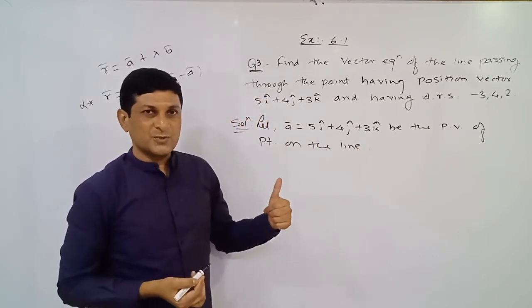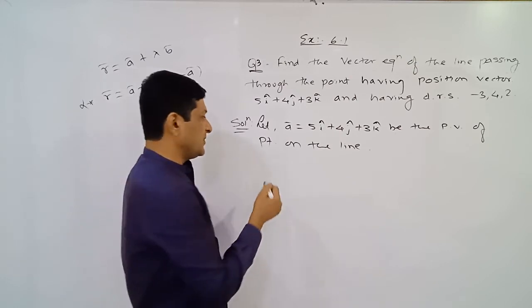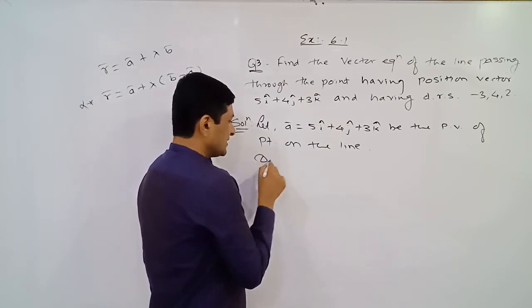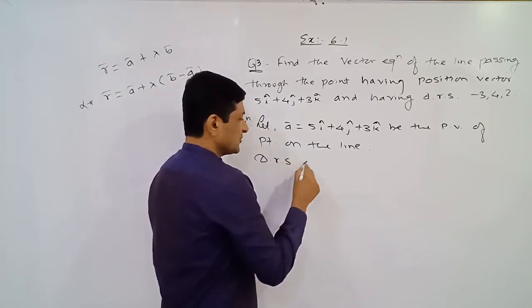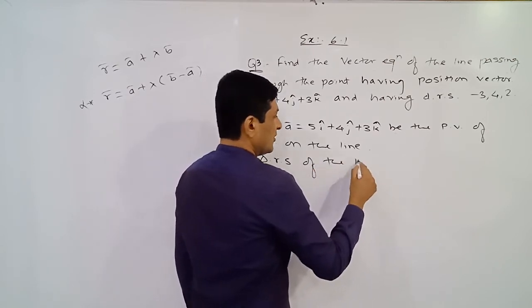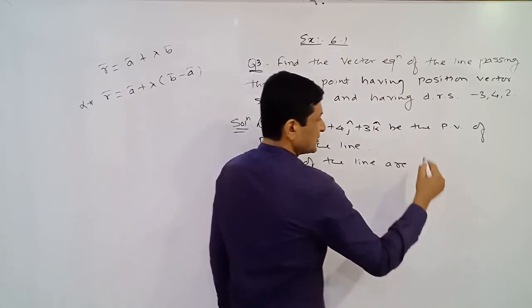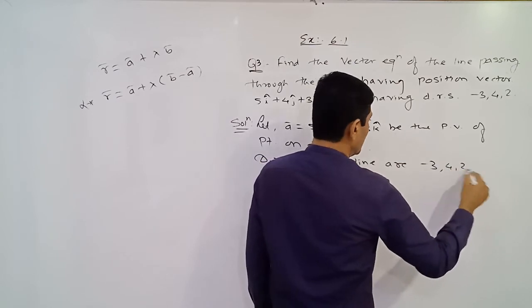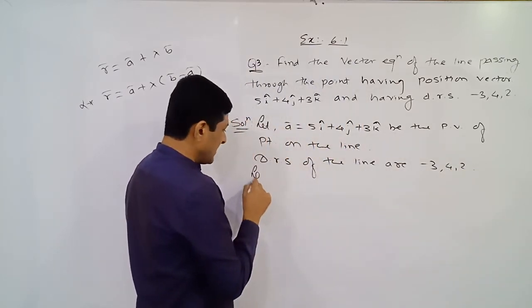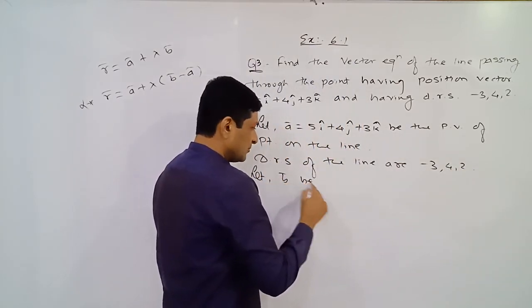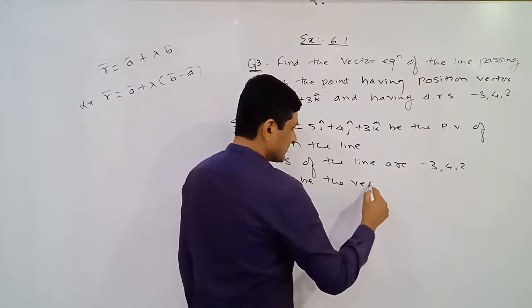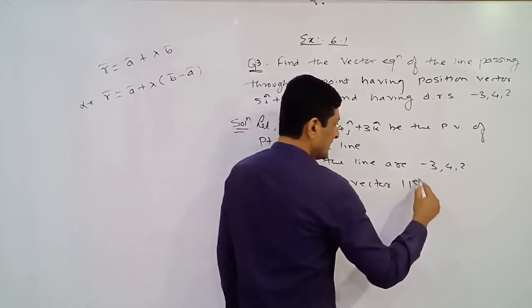Using direction ratios, we will try to find the value of b bar. The direction ratios of the line are, what are the direction ratios? Minus 3, 4, 2. So I suppose that b bar is a vector parallel to the line.